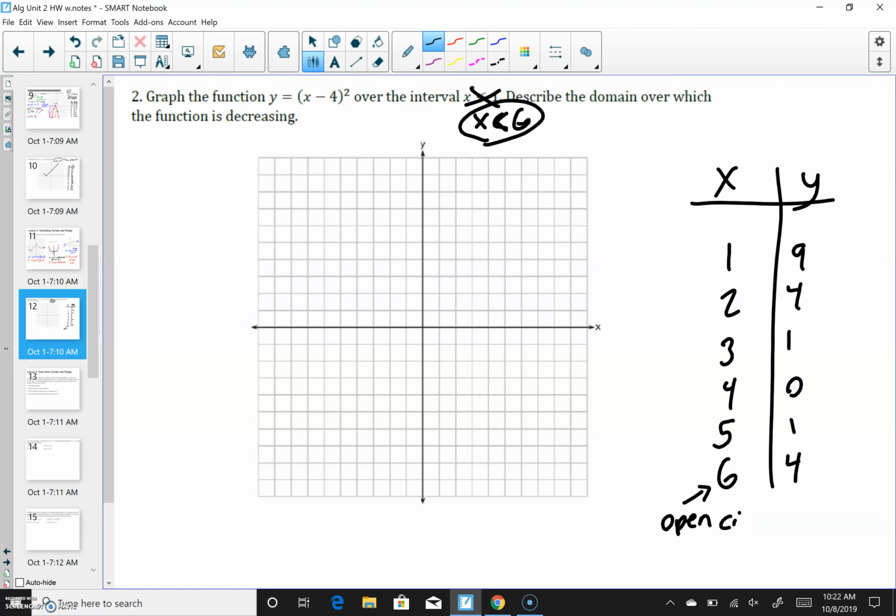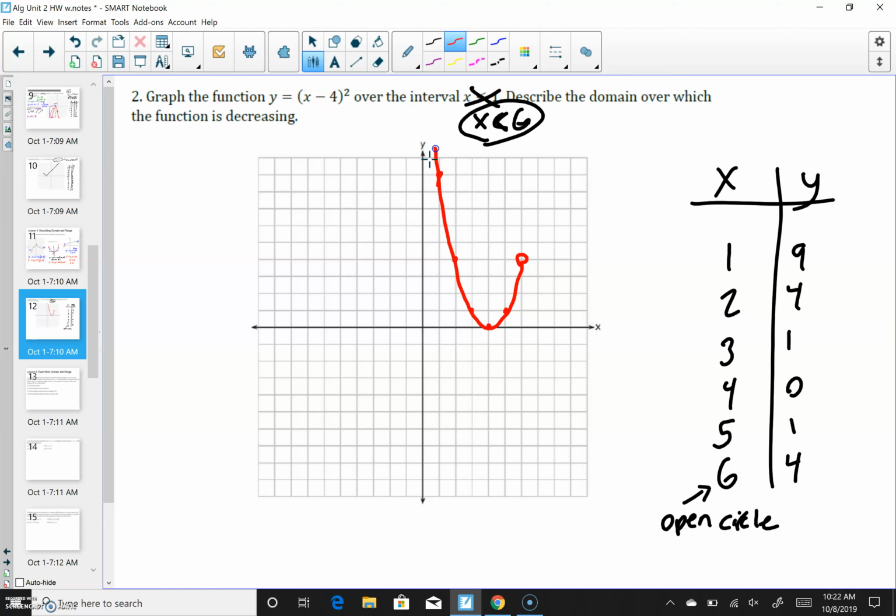So when we graph our point at 6, we are going to have an open circle. So I'll start at (1, 9), (2, 4), (3, 1), (4, 0), (5, 1), and then an open circle at (6, 4). And because it's squared, we're going to end up with a parabola, which is our U shape.